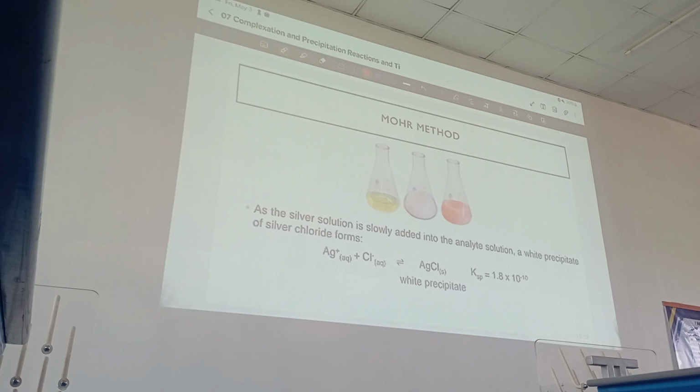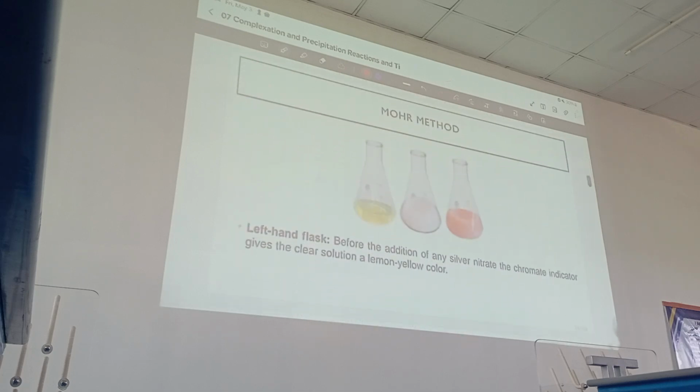Silver chloride forms. This is initial. Wala pa kayo i-add nga AgNO3. Once ma-add ang AgNO3, white nga precipitate ang mu-form niya. Pero kung reddish, white lang dapat. Before any addition, lemon yellow ang color.